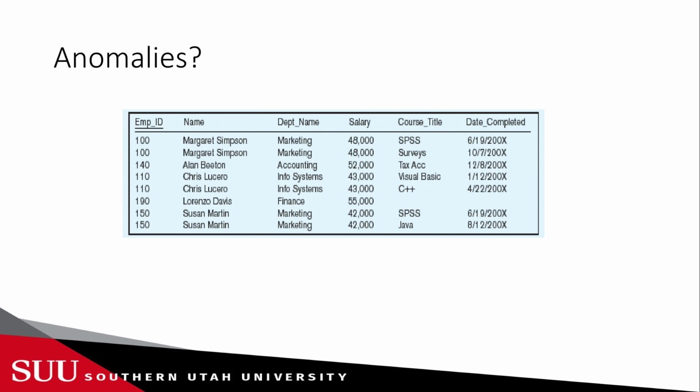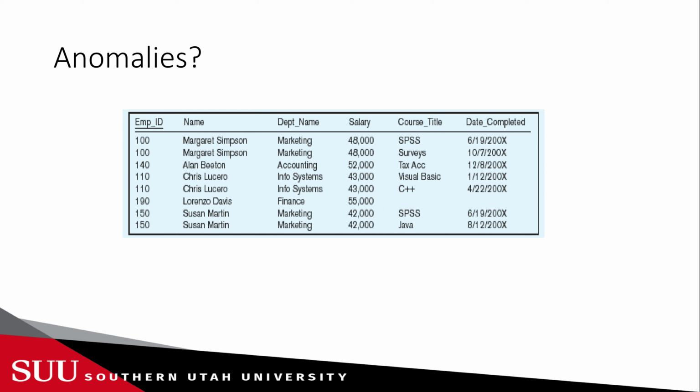So if we look at this, I'll give you a moment to have a look at this and see if there is any type of anomaly in here. Let's just focus on insertion anomaly. So we have employee IDs, names, and department names, and salaries, and then courses that they should take.